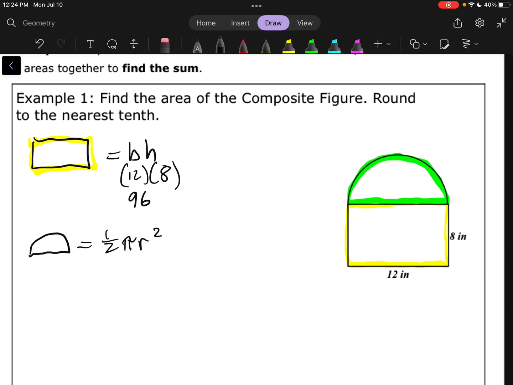Now, the radius we don't see right away, but the radius should be half of the diameter, and the diameter is 12 by looking at the other side of the rectangle, so the radius should be 6. So we will do 1/2 times pi times 6 squared. And that's going to give us 56.5.